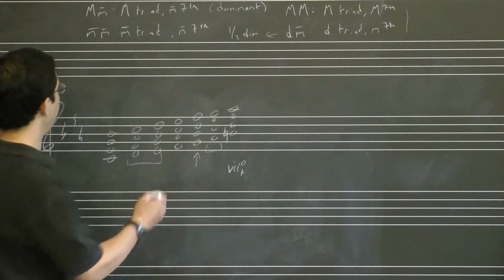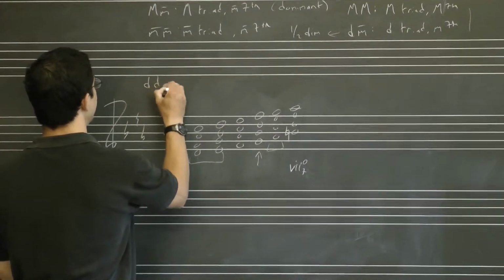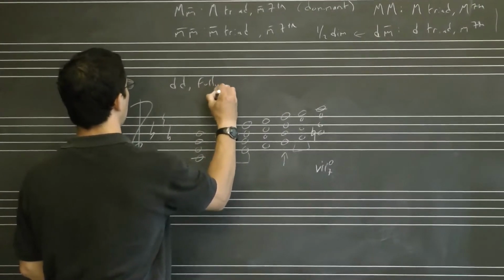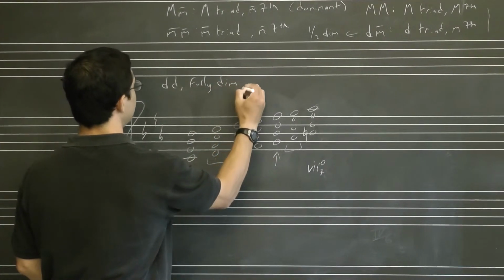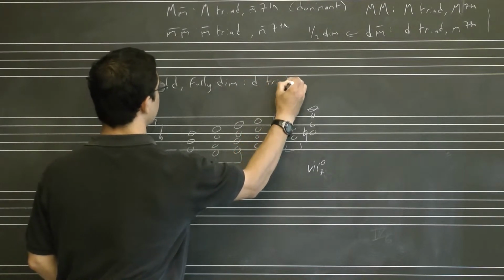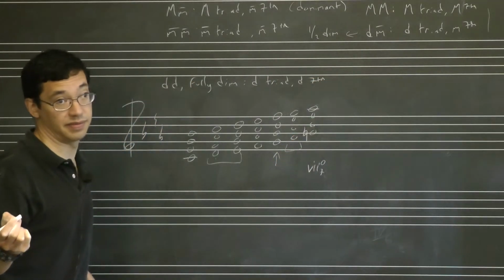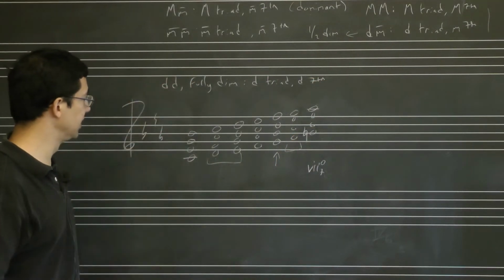So a diminished, or fully diminished seventh chord has a diminished triad and a diminished seventh. So that's why half and fully diminished.